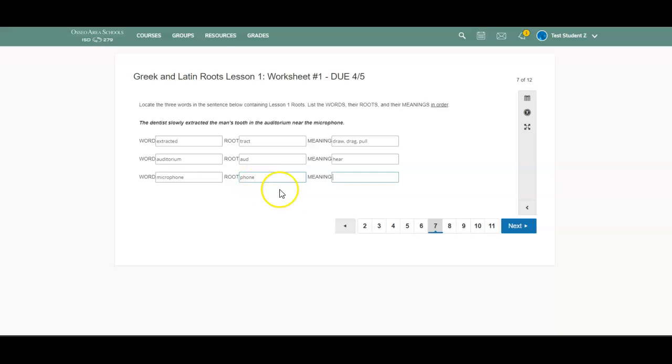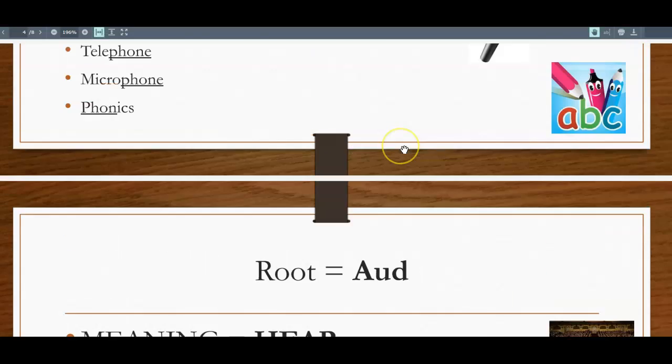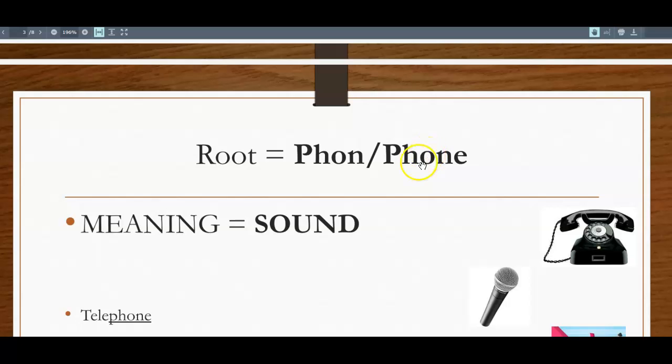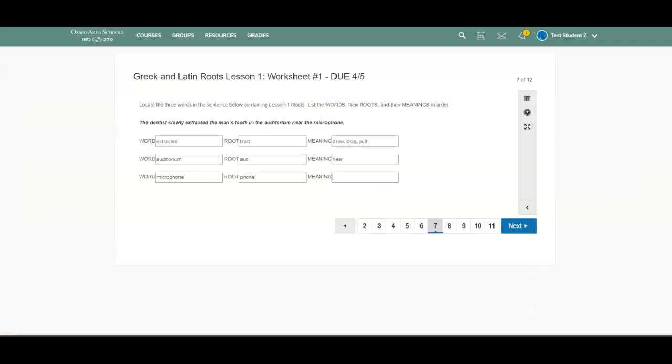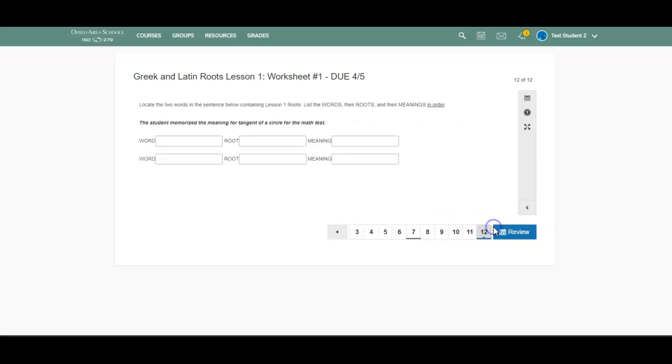Phone is my root, and the meaning of phone is sound. So that goes in my last blank. So these would be the 9 answers to number 7 in worksheet number 1. I would repeat this process through the rest of this worksheet.